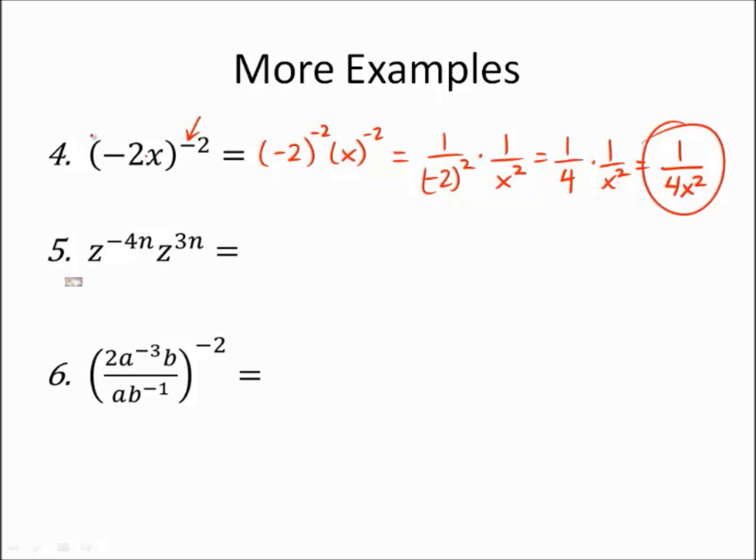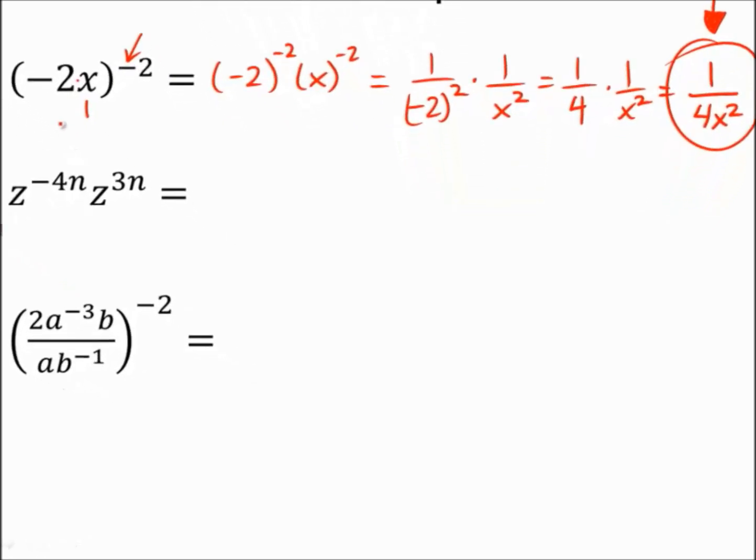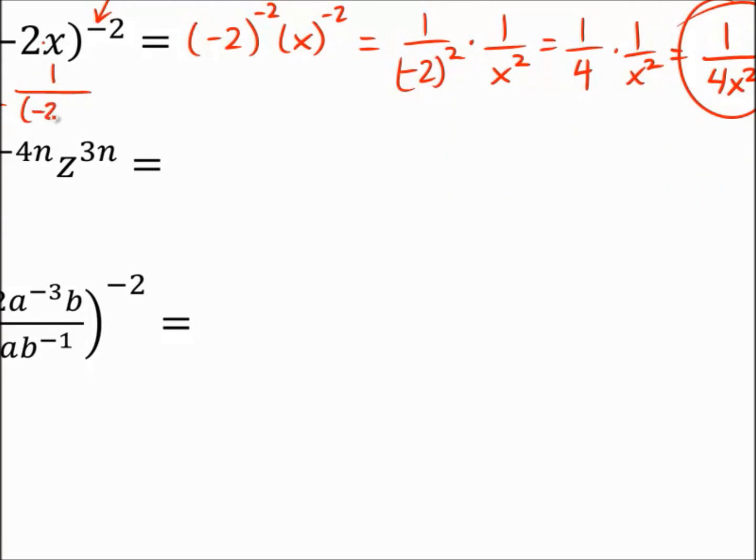Notice that you might have completed this question differently. Your approach might have been different. Your order of rules might have been different, but you should still get to this. So if you completed it in a different way, do not worry about it. That is perfectly fine. An alternate way, you could have applied the negative exponent first, giving you 1 over negative 2x squared.